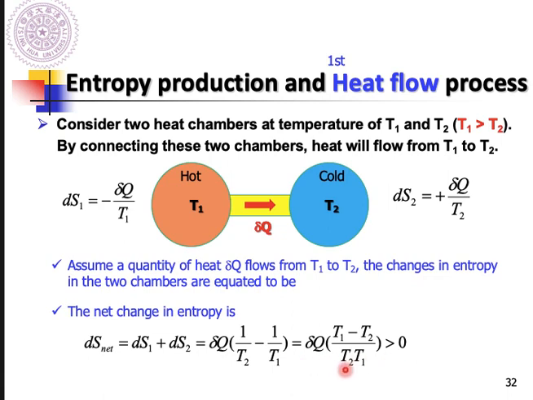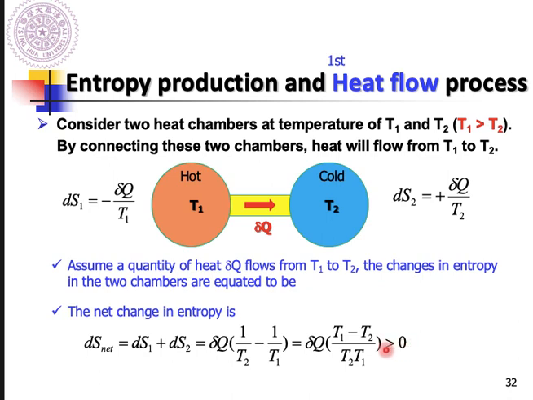As you know, T1 and T2 are absolute temperatures, much larger than 0, so it will be a positive term. And dq here is also positive. The upper portion is T1 minus T2, and T1 is larger than T2, so we get a positive term here. So positive, positive, positive. The net change in entropy must be positive, right?